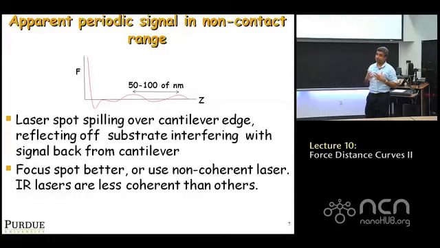So the way to solve this is, of course, to make sure that your laser spot is entirely on the cantilever, or if your laser spot is really too big, change your laser, make it a smaller laser. Another thing that a lot of AFM systems are now doing to avoid these kinds of things, by the way: there are only a handful of applications where you need to move your Z distance by more than 100 nanometers. 100 nanometers is a long Z range in AFM.